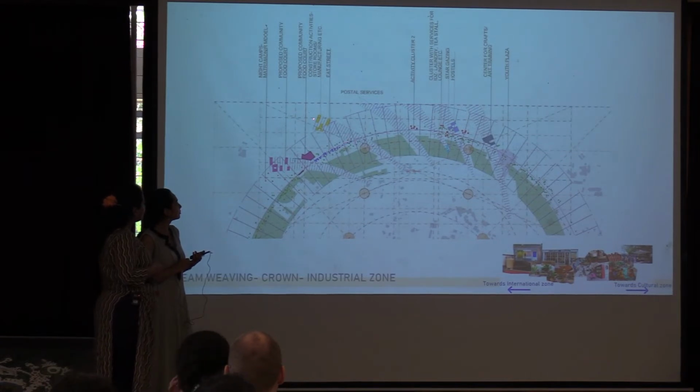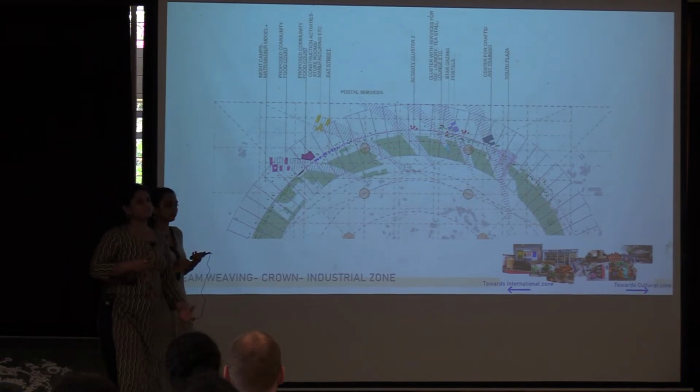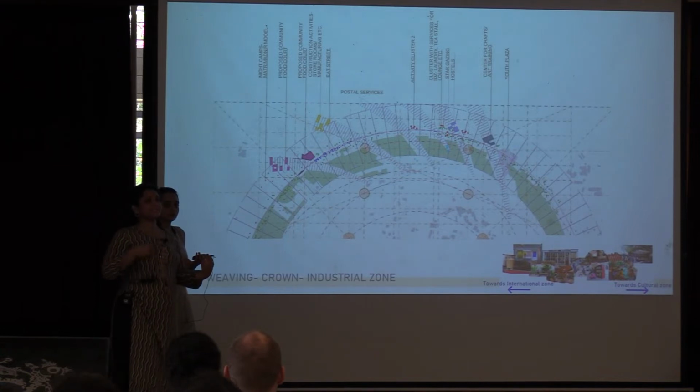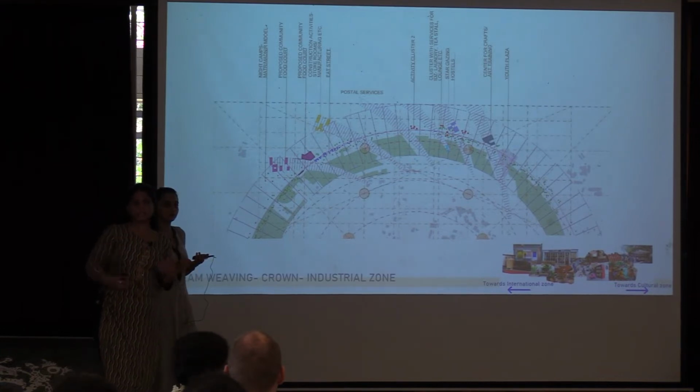Then as we move forward, we thought that one of the lines of force, probably somewhere here, would be an interesting place for construction activities, like storerooms for construction and some kind of manufacturing.